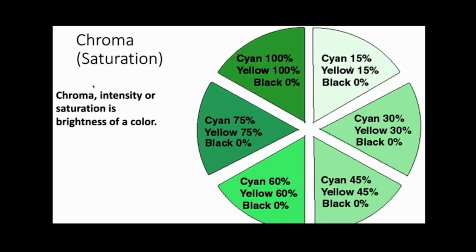In contrast, if you look at the one right next to it, it's only got 15% cyan, 15% yellow, and 0% black. And so what you see is it's a much lighter, much paler color. It just depends on how much of that color is put in there, is how saturated it is.